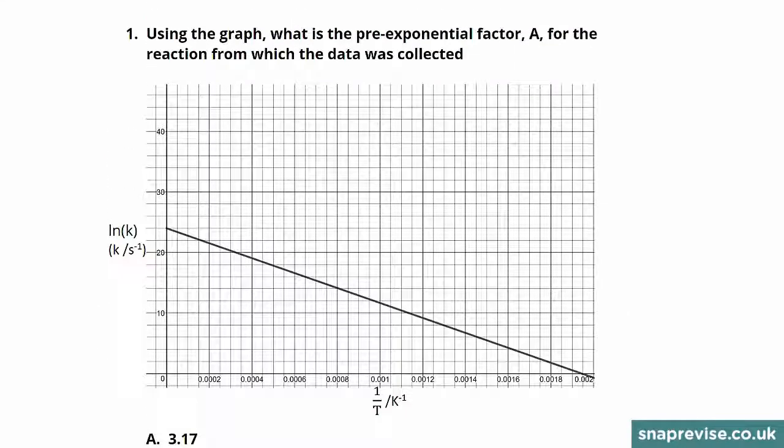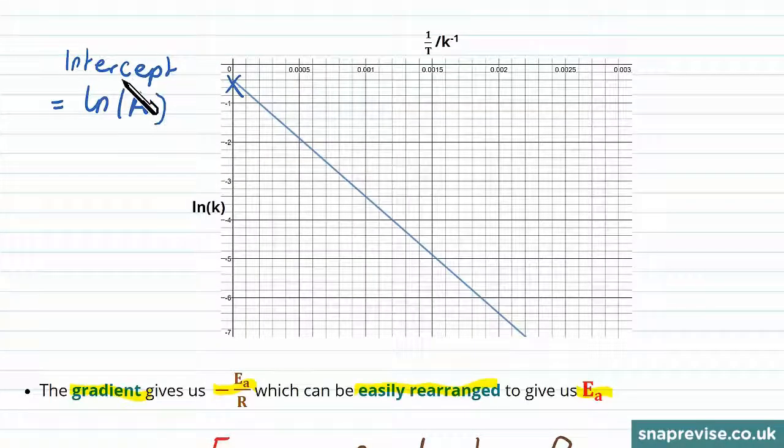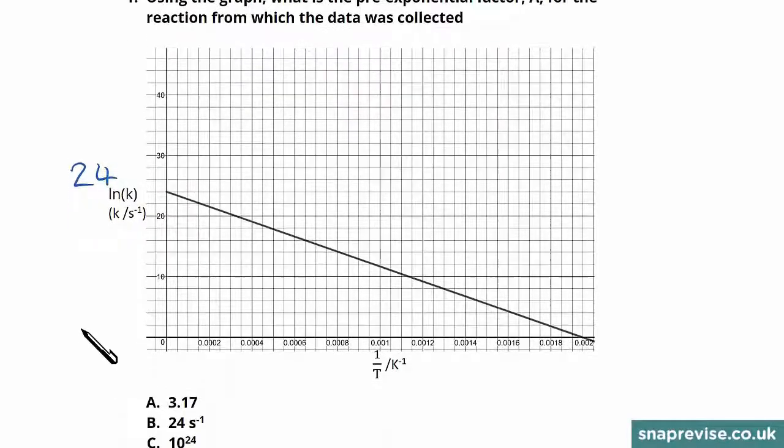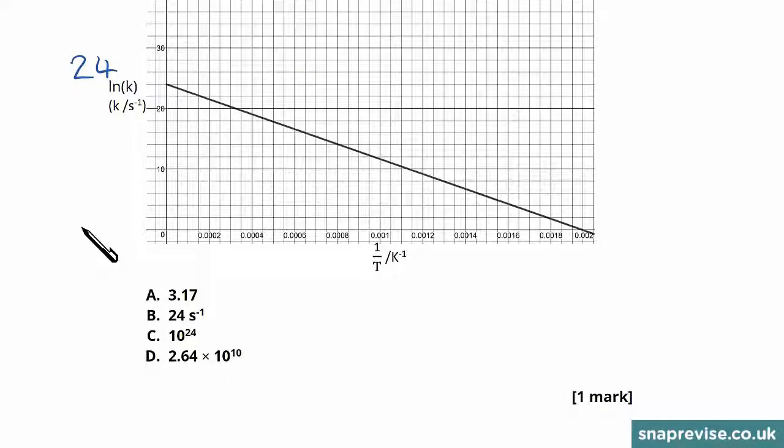So as we've just said on the previous slide, the intercept gives us the natural log of the pre-exponential factor, A. So going back to the equation, because we want A, we're going to look at the intercept and read that off: 24. And then we're going to use the inverse natural logarithm to get back to our value of k.